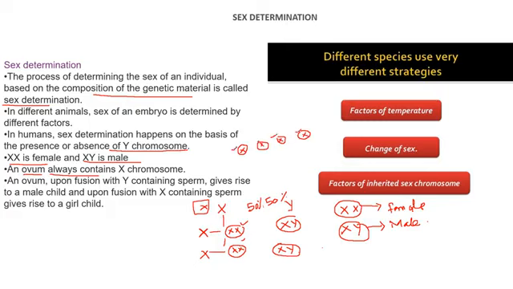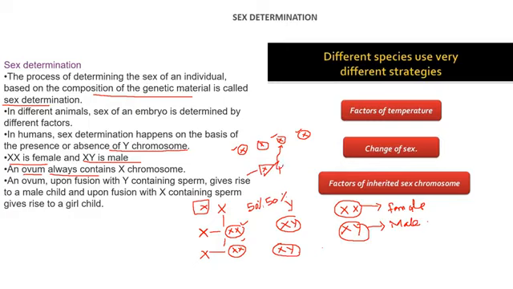So eggs will always have an X chromosome, whereas in the sperm there are different chances. Sperms can have X chromosomes and sperms can have Y chromosomes, okay? And if an X chromosome sperm fuses with the X, then the child will be a female.